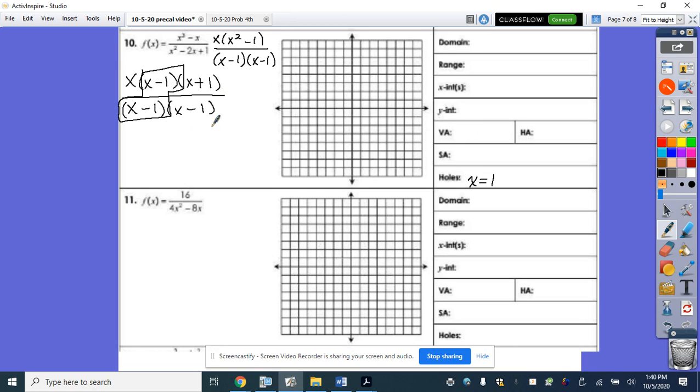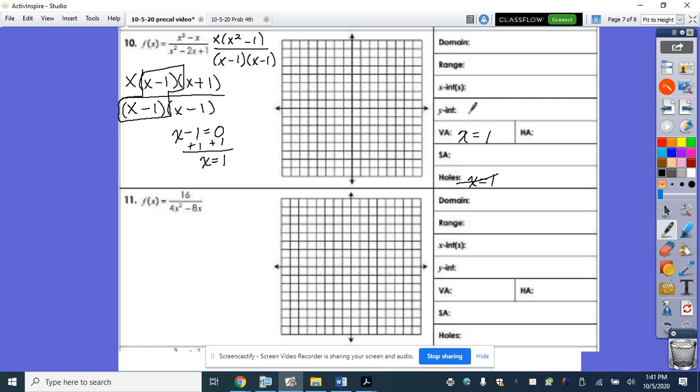When you set this equal to 0, and this is a problem you don't see very often, you're going to get that your vertical asymptote is x equals 1. So basically, your hole and your vertical asymptote are on the same line. So vertical asymptote trumps hole. Okay, so we list the vertical asymptote at x equals 1.